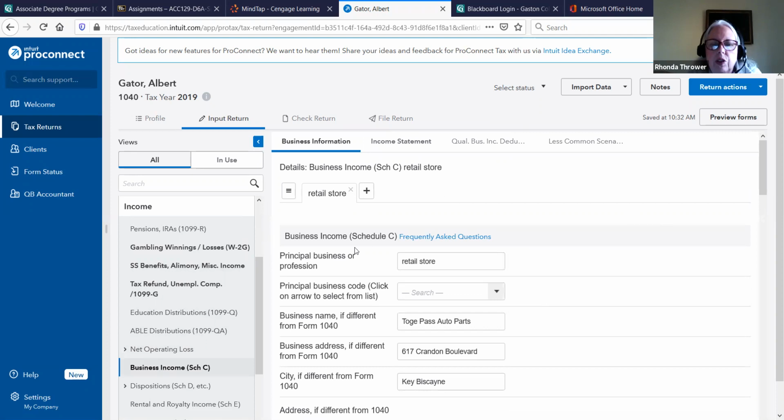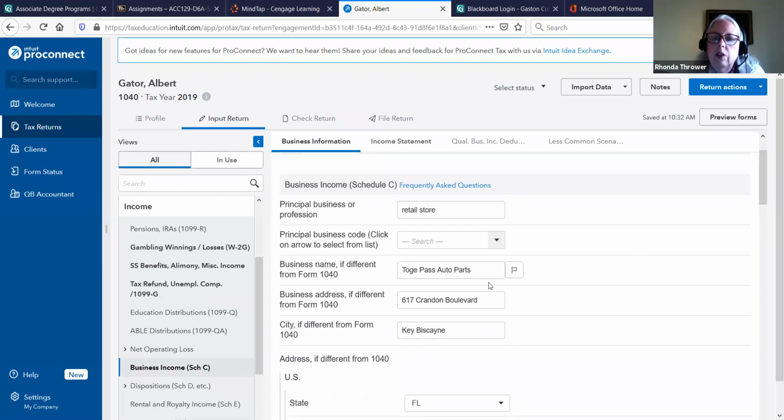And then they're going to ask you a series of questions about the business that you are operating. Some of the information they've given you, some they have not. First of all, the type of business that we're going to be doing is a retail store. They gave us that in the information to the problem. They also gave you the name of the company, which I've entered in for you already here.